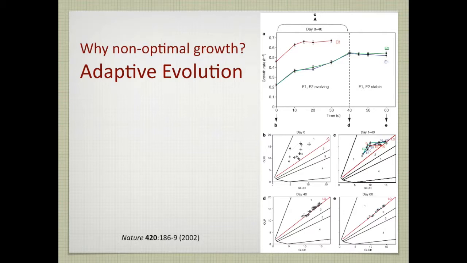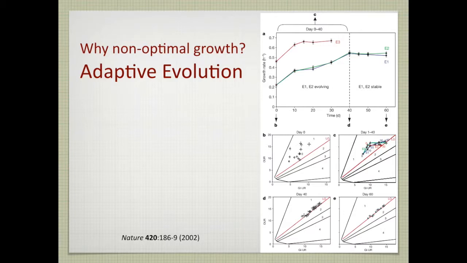And we'll get to it later. The 2 panels at the bottom show various measurements of the strain after it reaches that optimum, and it just seems to stay on that line. So we'll talk about this later. This is an example of how you can predict an optimal growth state and produce it by laboratory adaptive evolution.